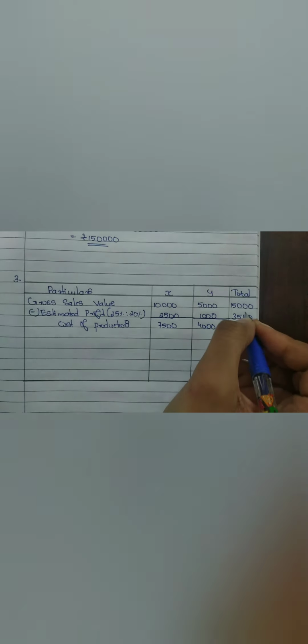And now the cost of production, that is gross sales value minus the estimated profit. So for X it's 10,000 minus 2,500, which is 7,500. And for Y it is 5,000 minus 1,000, which is 4,000. And the total will become 11,500.